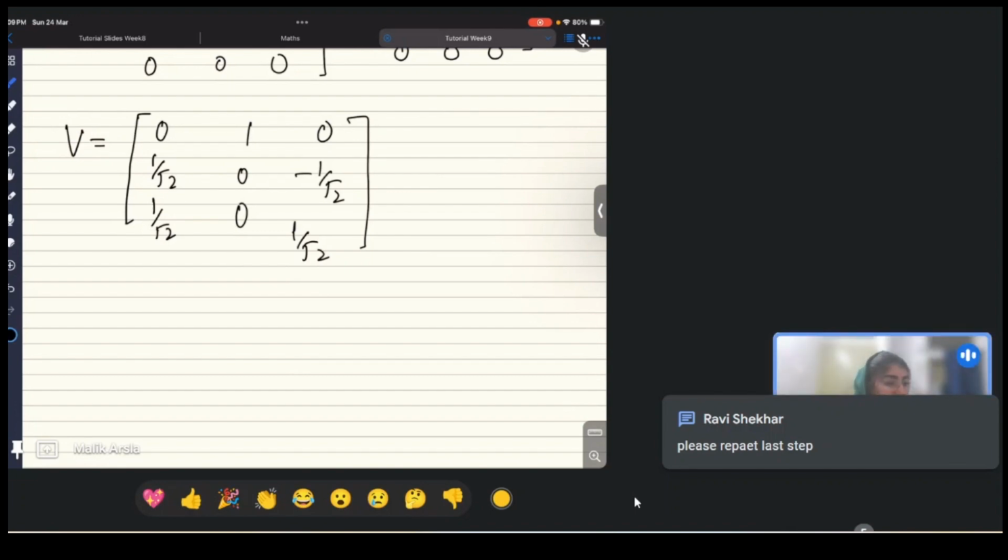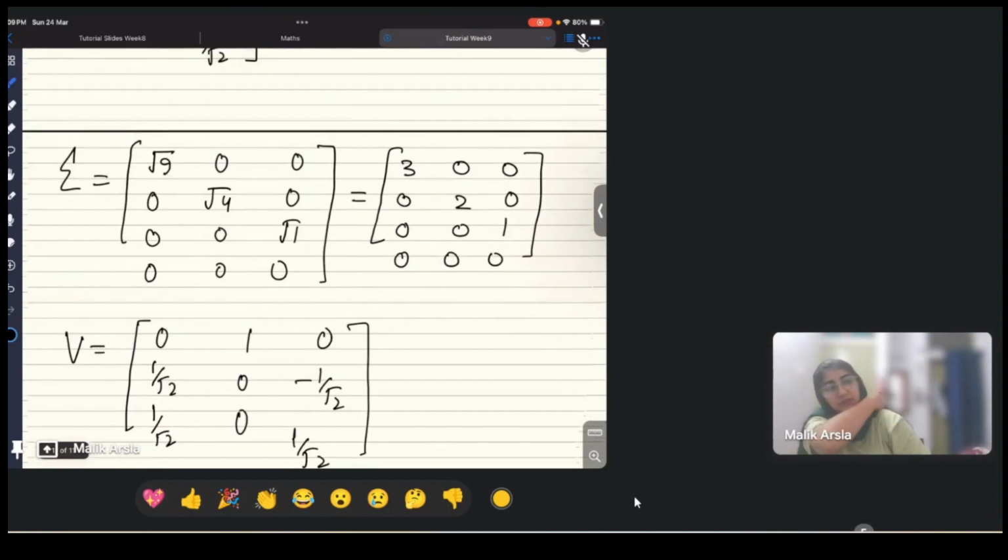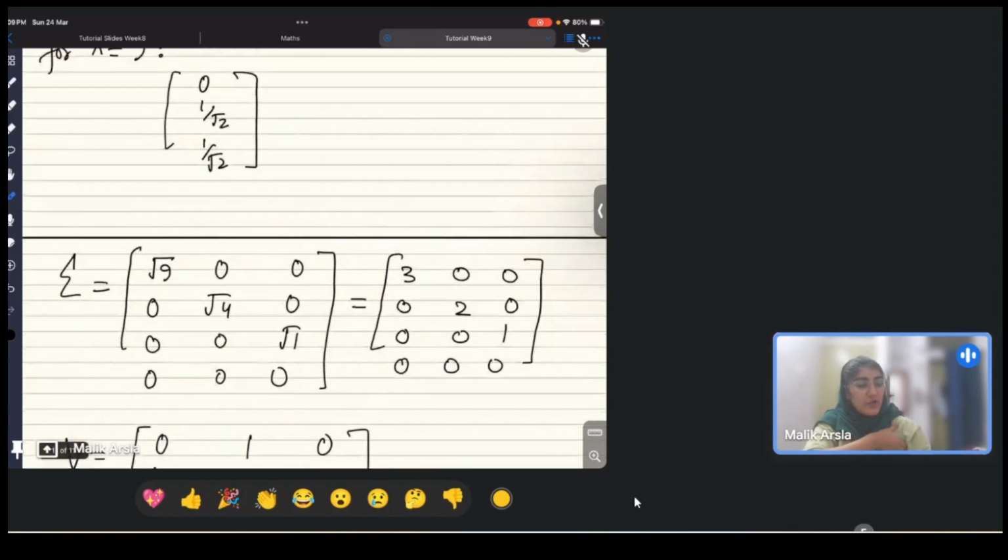Okay, last step. V equals this thing now. Sigma, you know clearly how to find: it is basically the eigenvalues. Here it is written as sigma 1 square, so it will be the under root of your eigenvalue: under root 9, under root of 4, and under root of 1.